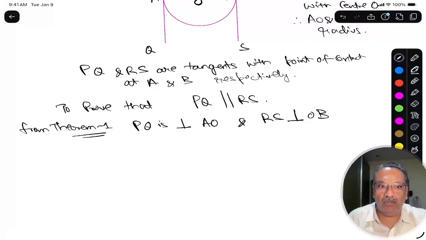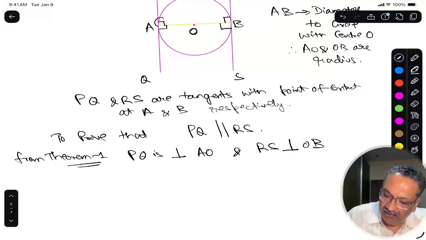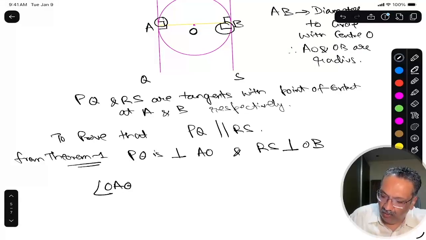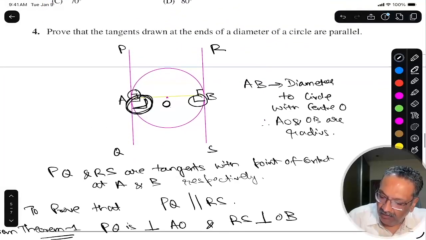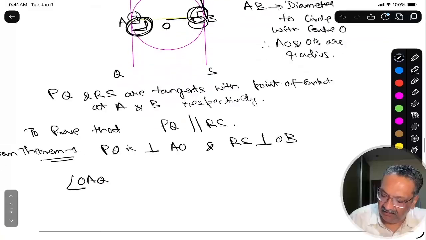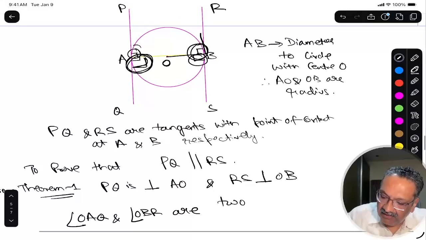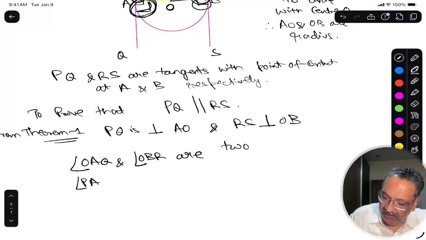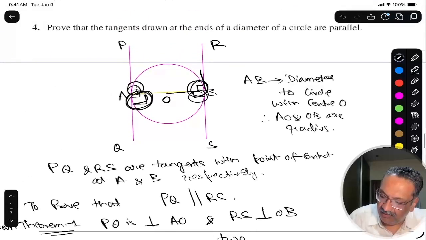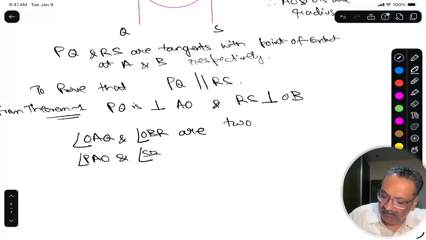Now we also note that angle OAQ and angle OBR are one pair, and angle PAO and angle SBO are another pair.